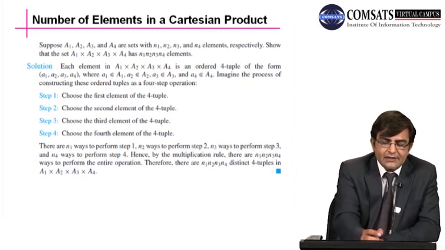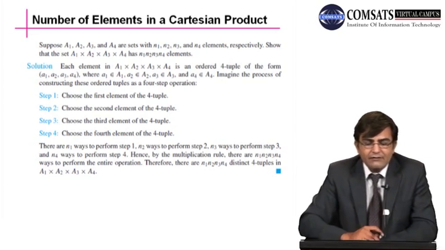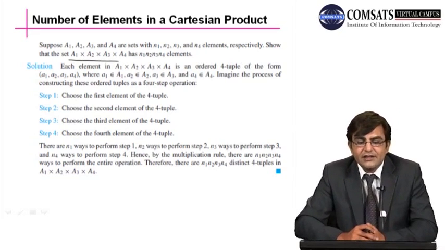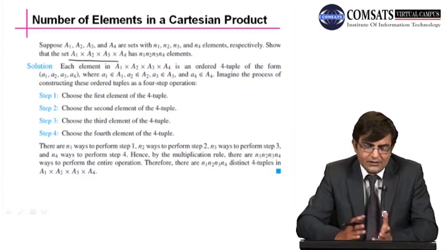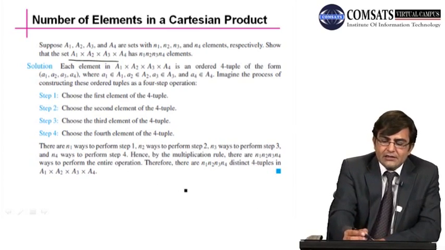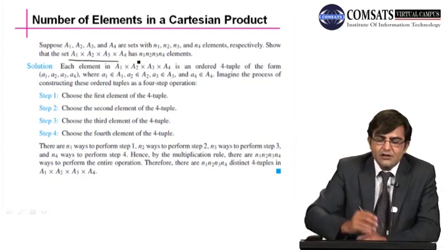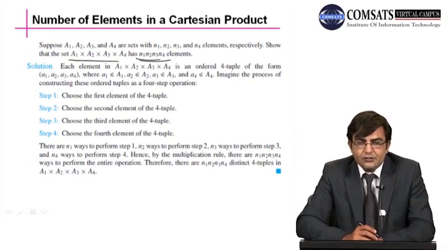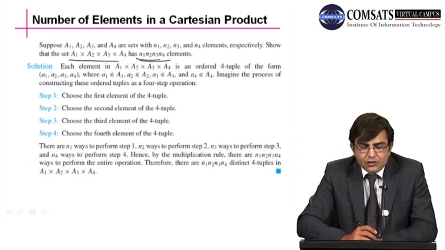Show that for A1 cross A2 cross A3 cross A4, the Cartesian product of A1, A2, A3, A4, the number of elements is n1 into n2 into n3 into n4.